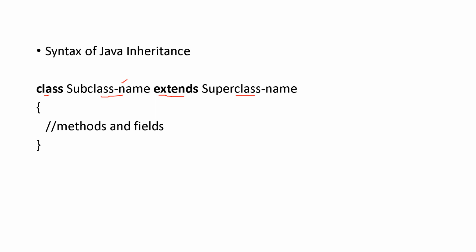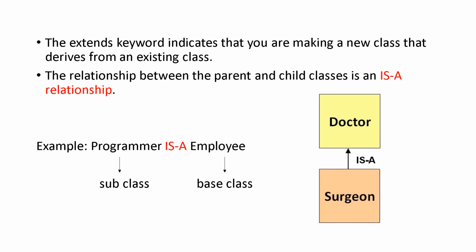That is: class, subclass name, extends, superclass name, and then mention the methods and the fields. The extends keyword indicates that you are making a new class that derives from the existing class.